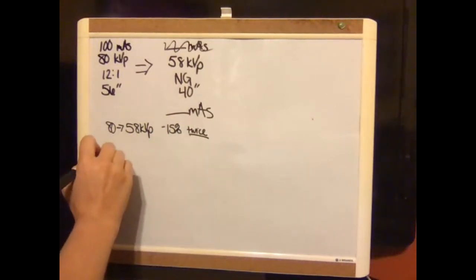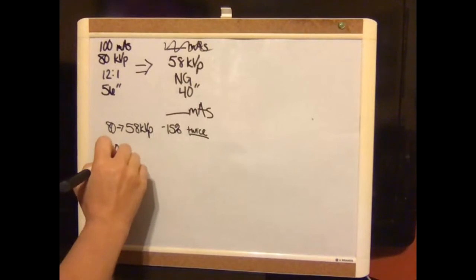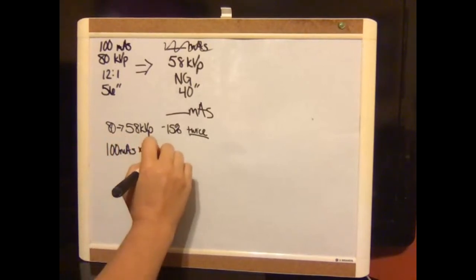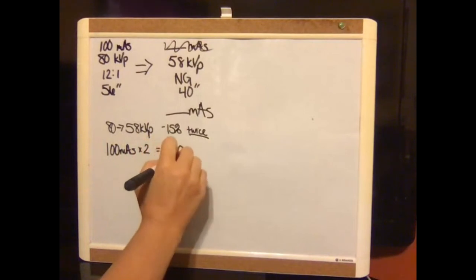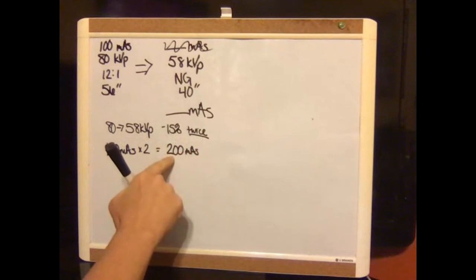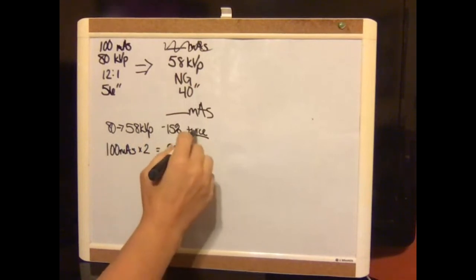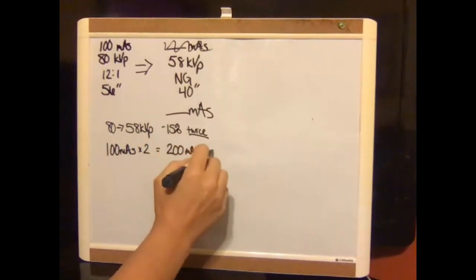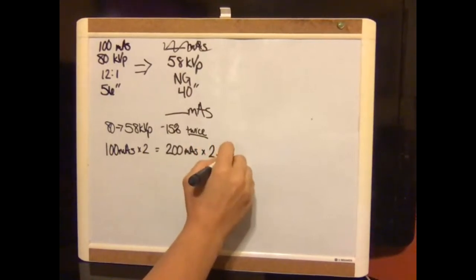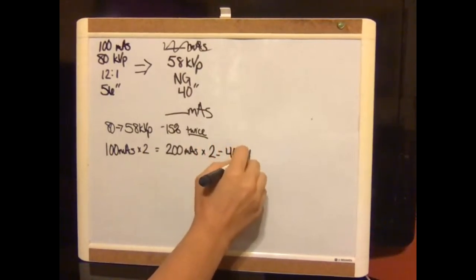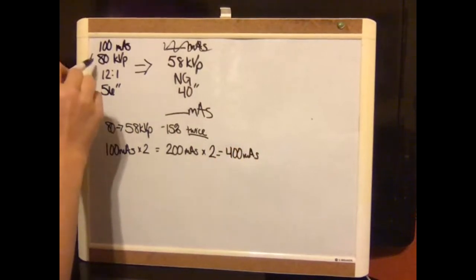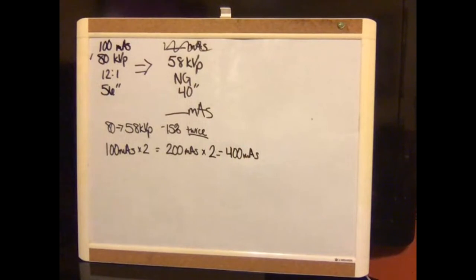So we'll do 100 mAs times 2, which gives us 200 mAs. That is 1 time. We need to do that twice, remember? So we're going to times it by 2 again and get 400 mAs. All right, so we have made the change from 80 to 58 kVp.